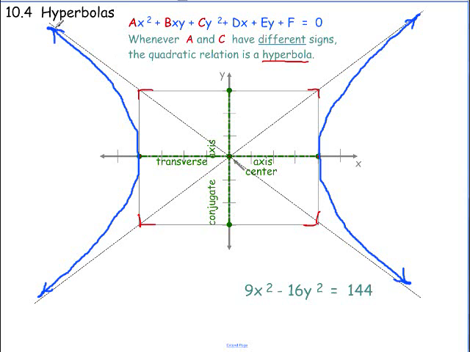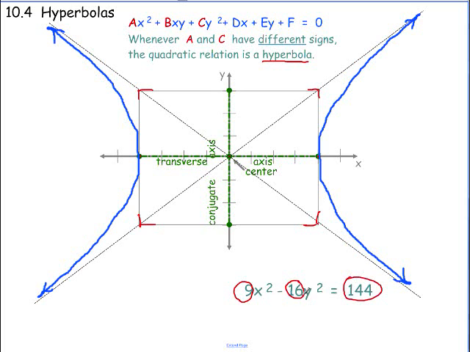This box allows us to draw accurately the asymptotes, and that's the main reason we figure out what it is when we're doing the sketch of a graph. Where we get our numbers from, I'm going to show you in a few minutes.